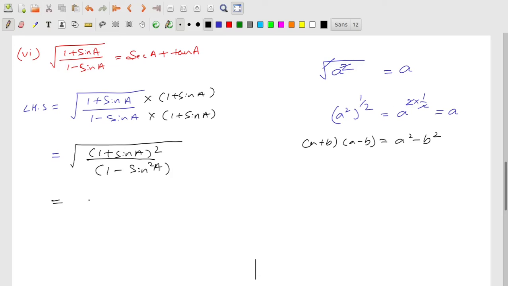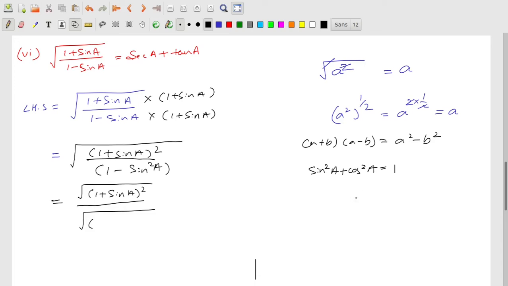Okay, so now we got a square term here. So you can just write it as root of (1 plus sin A) whole square divided by root of (1 minus sin square A). See here, what is 1 minus sin square A? From the first identity we know that sin square A plus cos square A is equal to 1.